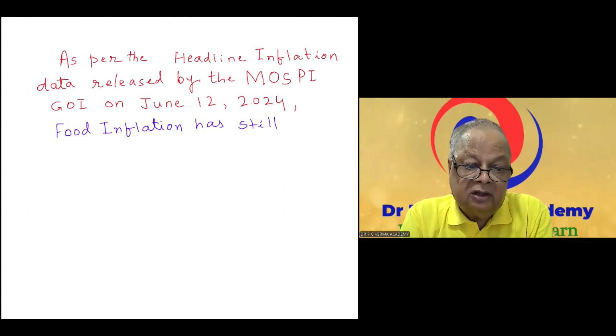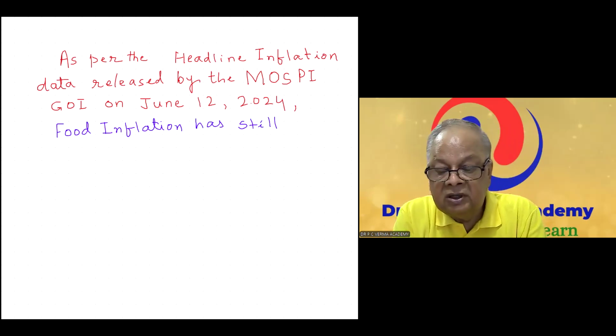Headline inflation in India consists of food inflation and other related inflation which we discuss. So we all know that in our country, the consumer expenditure on goods and services in the economy has fallen as a result of persistent and sticky inflation.